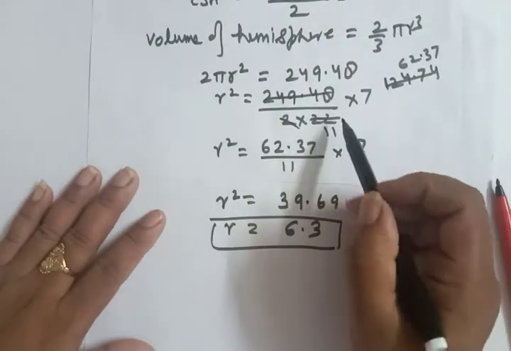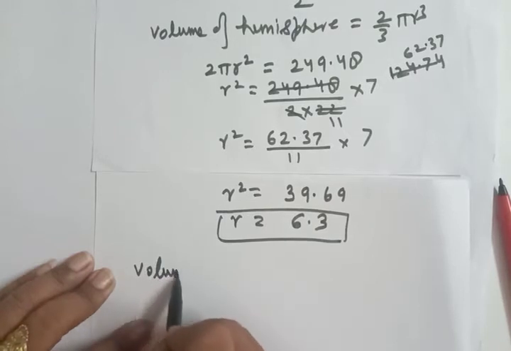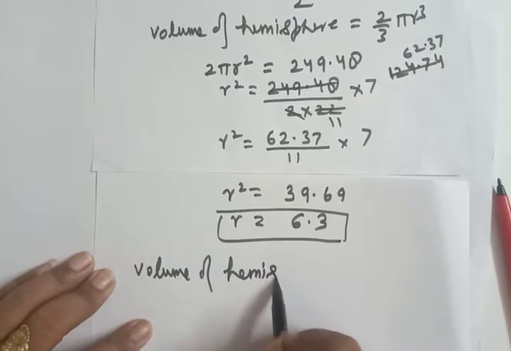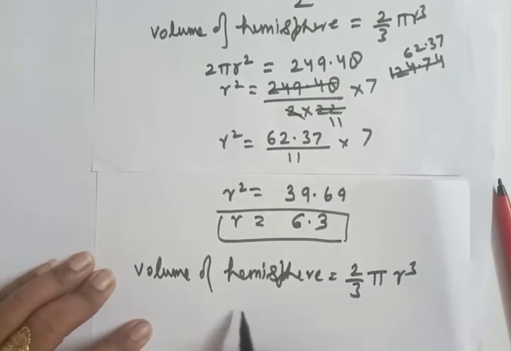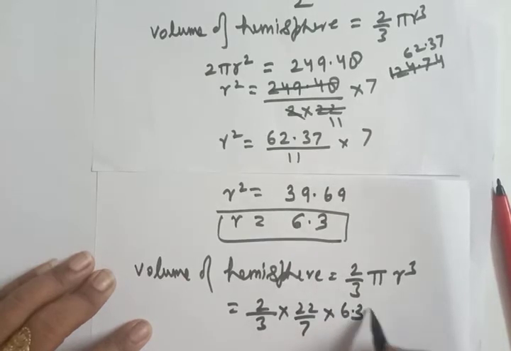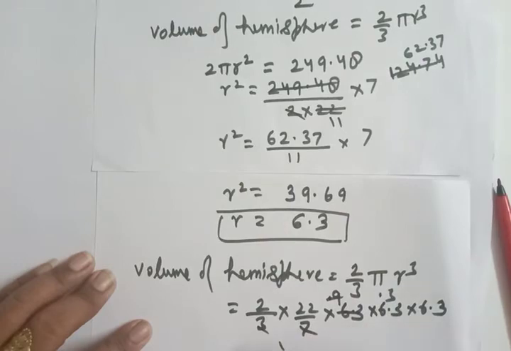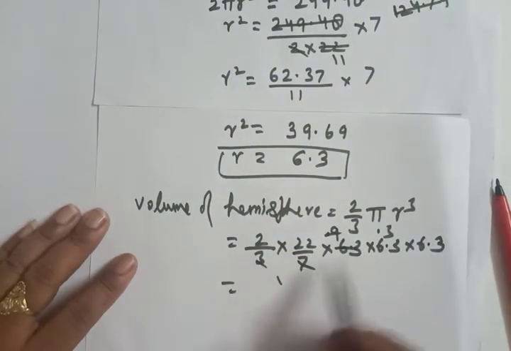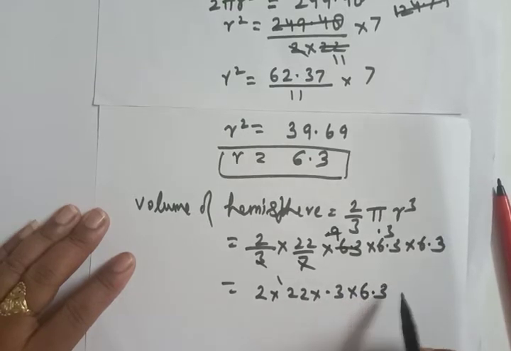Here we need a precise calculation. Now we know that volume of hemisphere is equal to 2 upon 3 pi r cube. We have got the value of r, so that is 2 upon 3 into 22 upon 7 into 6.3 into 6.3 into 6.3.